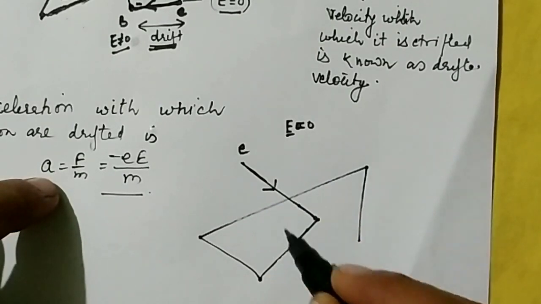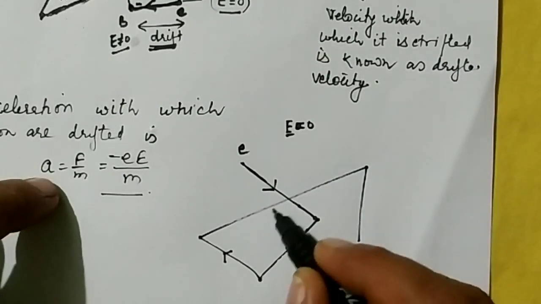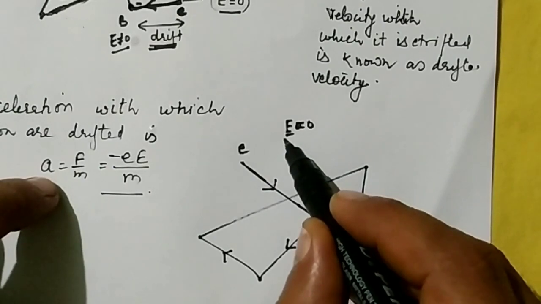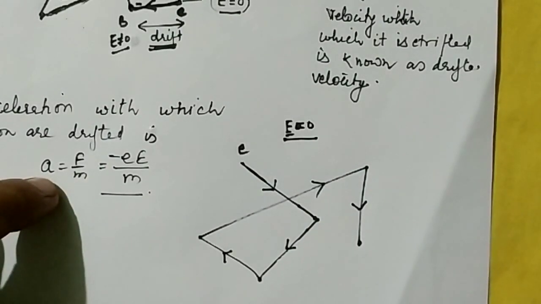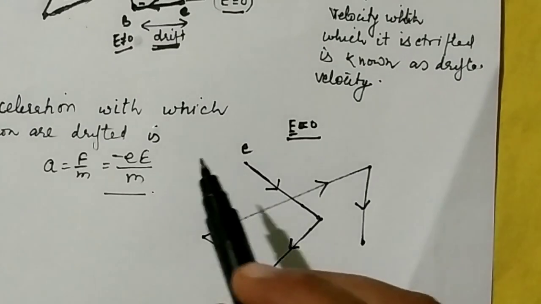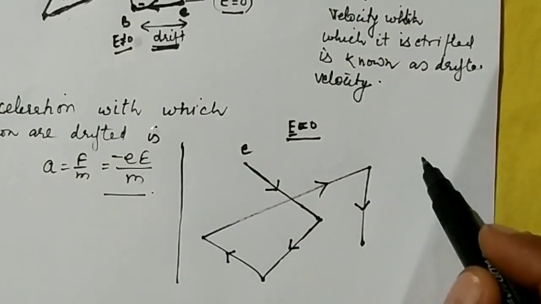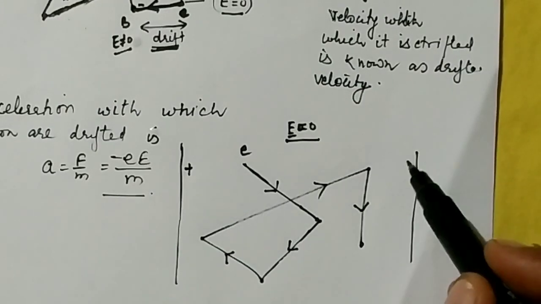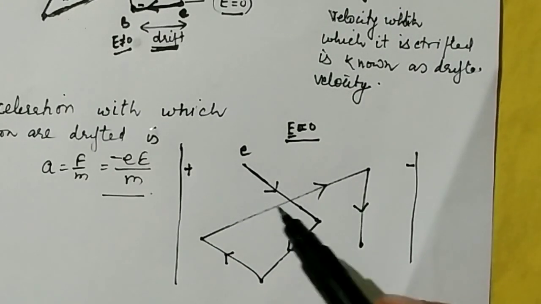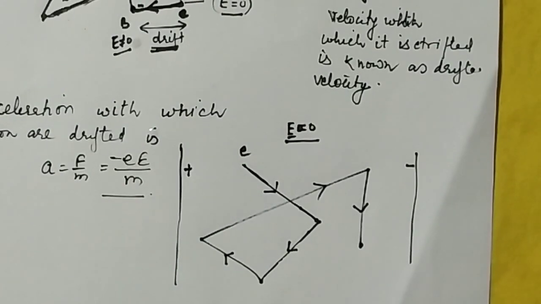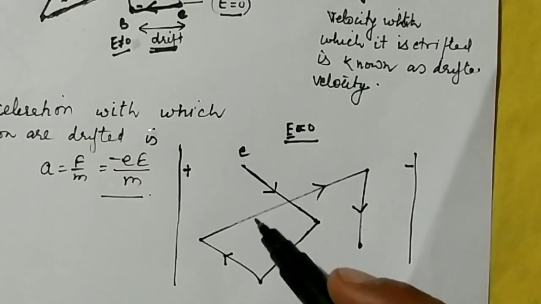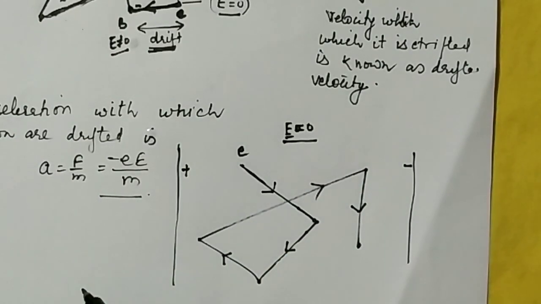Suppose the electron's path inside a conductor is along this direction and reaches this point, when there is no electric field. Now if an electric field is applied, with the positive terminal along this side and the negative this side, the electron will experience a force along the positive terminal.